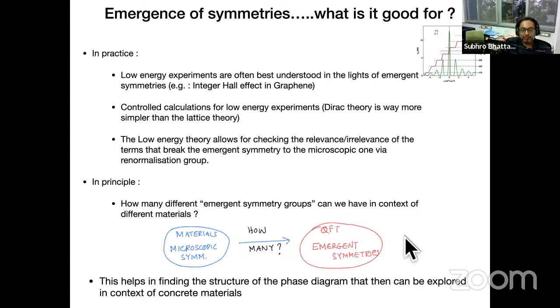This is important because it helps us find the structures of phase diagrams of such low energy field theories, which can then be explored in the context of concrete materials. And this is something that we are now very familiar with, forcefully enunciated by all these topological material databases, some of which we heard about yesterday.